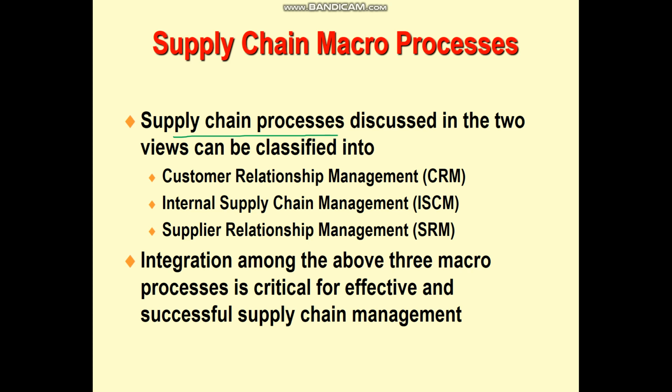So we have three parts. The first one is customer relationship management. The second one is internal supply chain management. And the third one is supplier relationship management. And the integration among these macro processes is critical for effective and successful supply chain management.